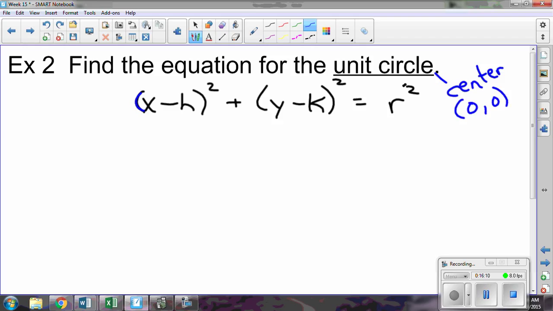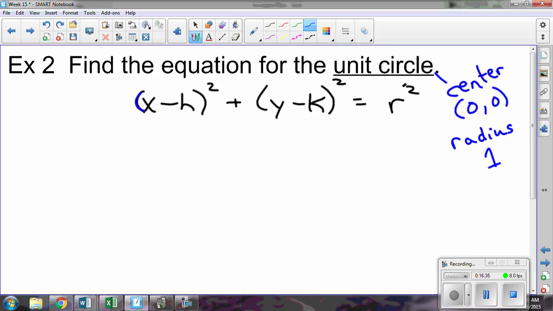At the origin. What is the radius for the unit circle? Unit means 1. So, a definition you need to recall: the unit circle has its center at the origin with a radius of 1.